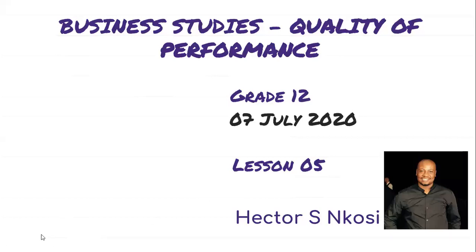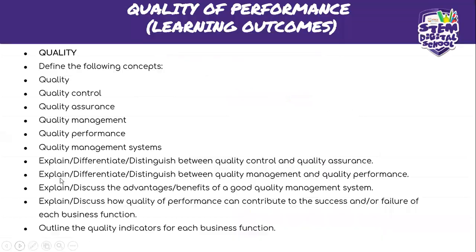All right. Now, boys and girls, I want us to look at the learning outcomes of your quality performance. We have dealt with the majority of the stuff here. We have dealt with defining the concept of quality, quality control, quality assurance, and quality management and quality performance.